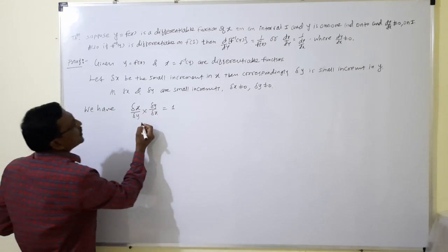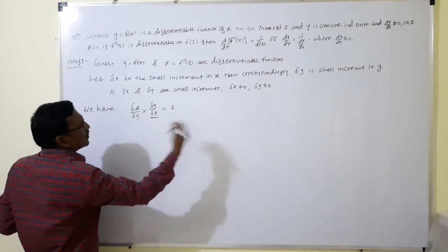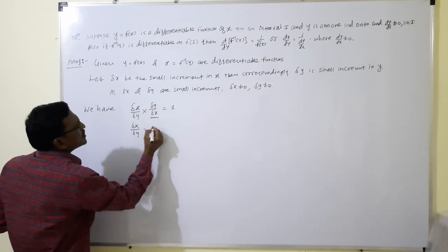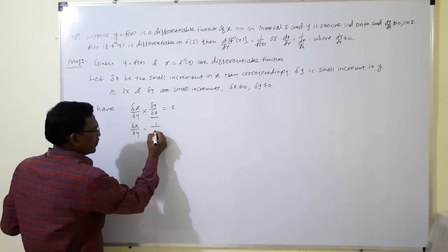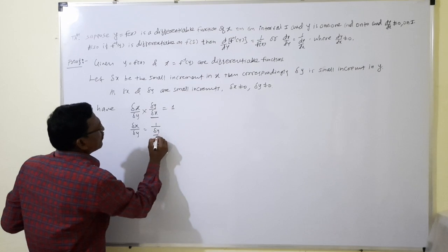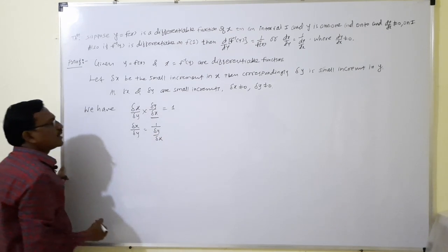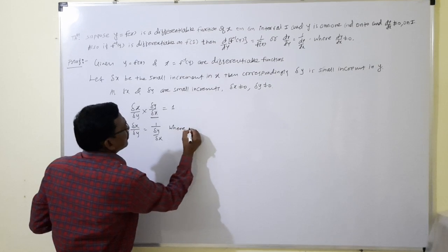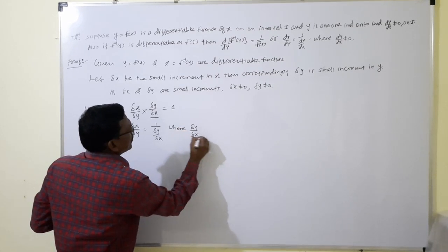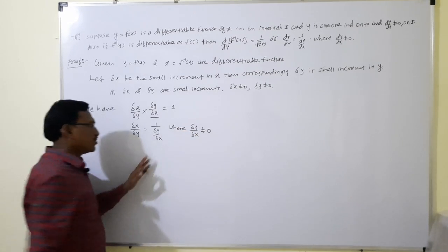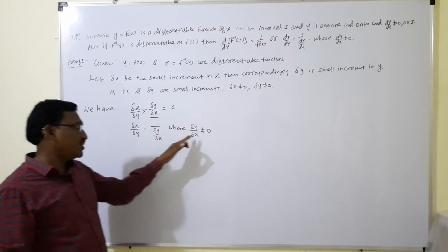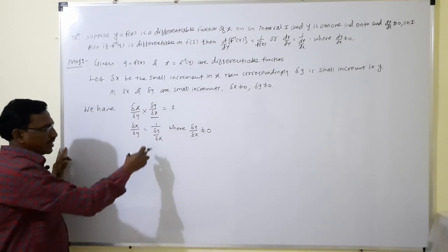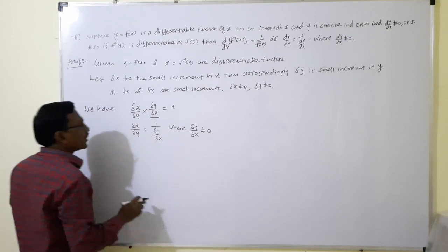Now we take this term to the right hand side: delta x upon delta y is equal to 1 upon delta y upon delta x, where delta y by delta x is non-zero, because if it were 0, 1 by 0 is not defined.